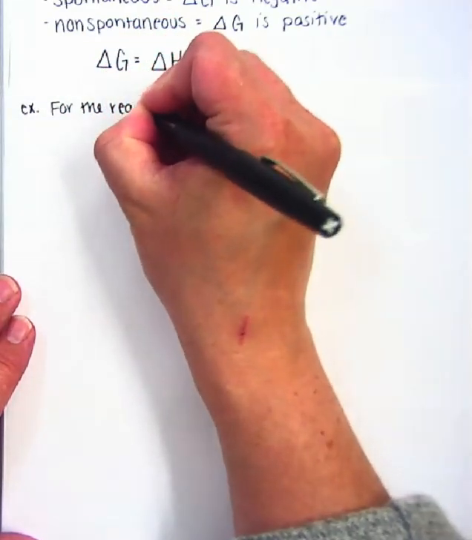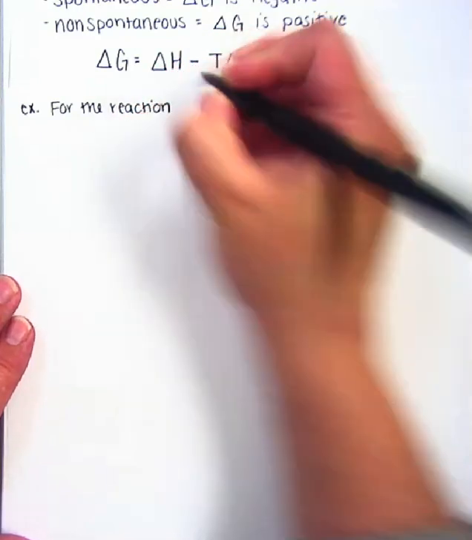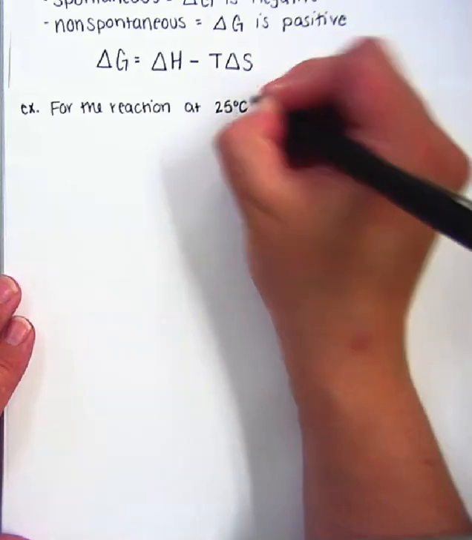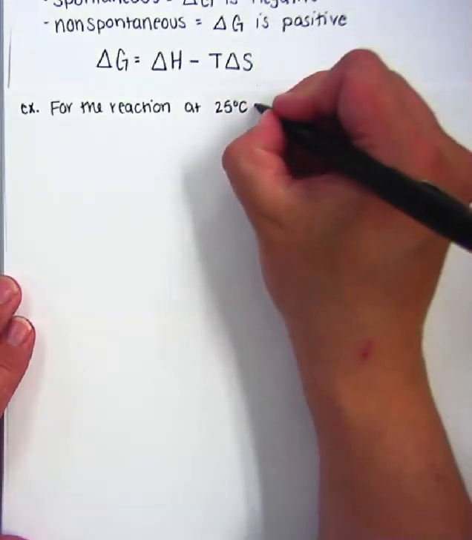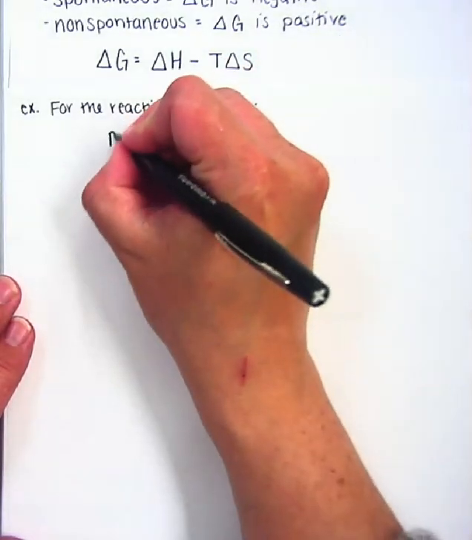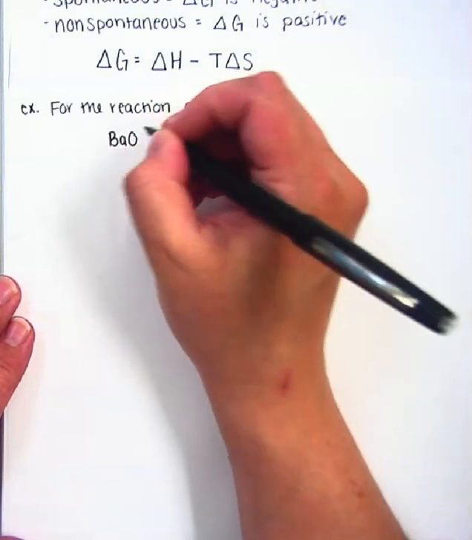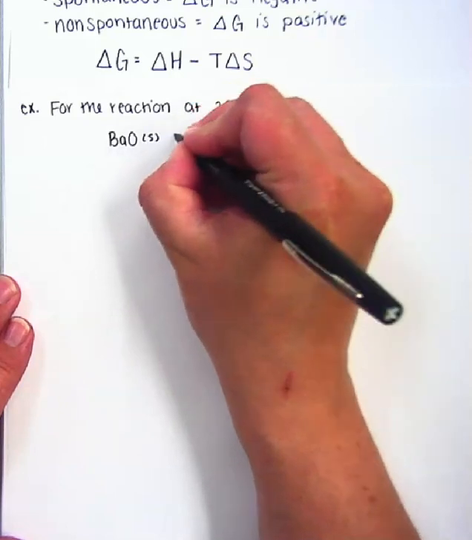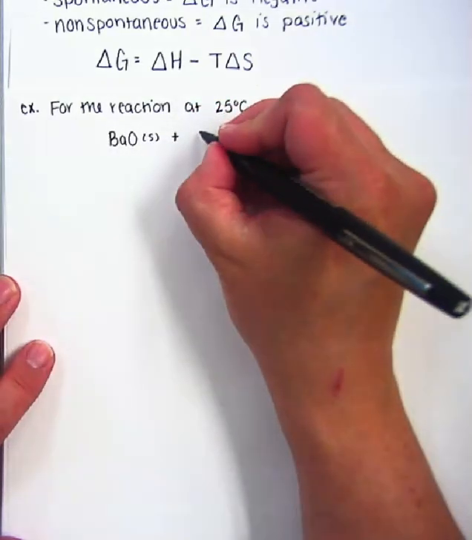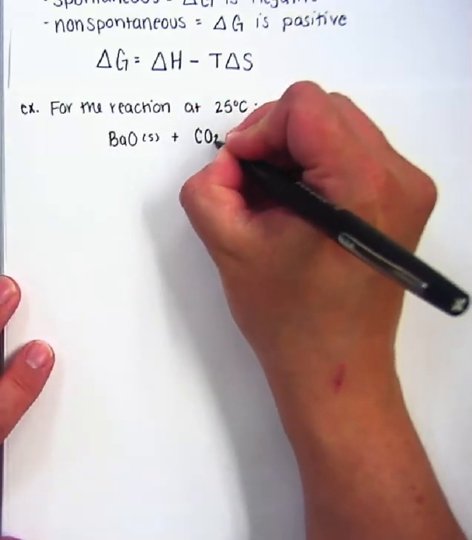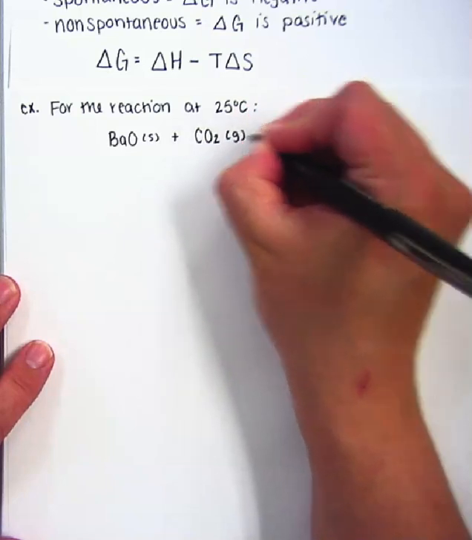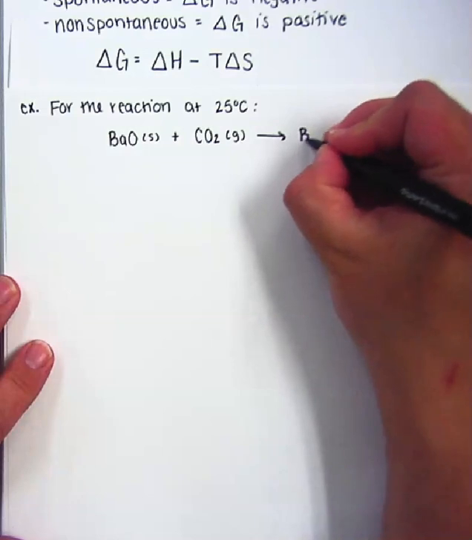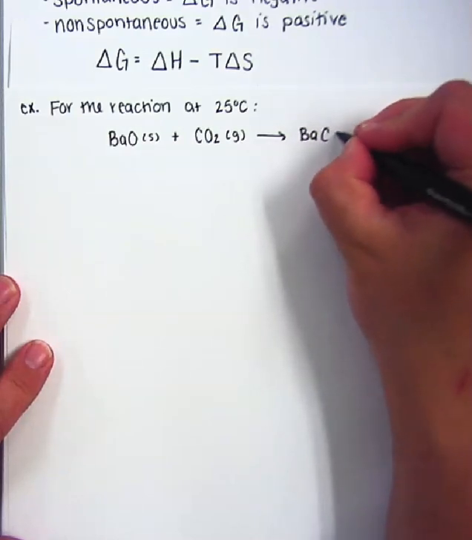So for the following reaction, at 25 degrees Celsius, solid barium oxide plus carbon dioxide gas produces barium carbonate.